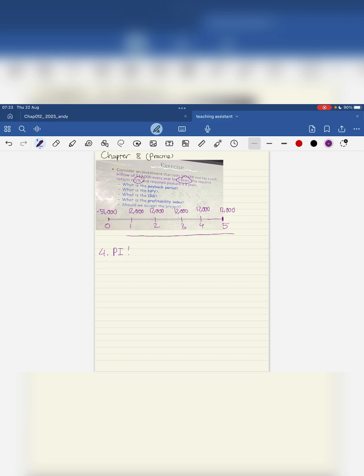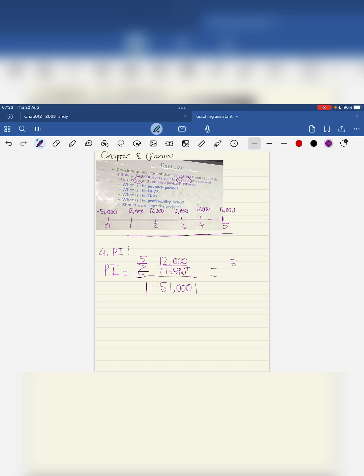Knowing that, I can surely write the formula to compute the profitability index of this exercise. It will be equal to the sigma of t equal 1 to 5 of 12,000 divided by 1 plus 5% to the power of t, and all of this divided by the absolute value of the initial investment, which is 51,000. So absolute value of minus 51,000 USD.